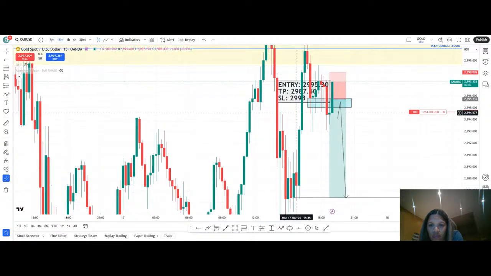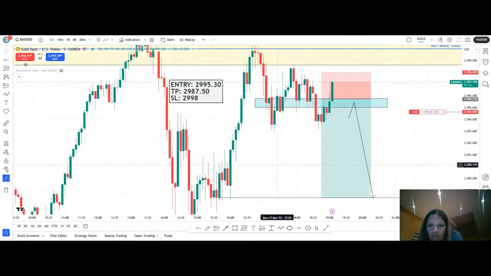You see, it's making a morning star pattern. I don't like it. Okay, I don't like that kind of pullback.